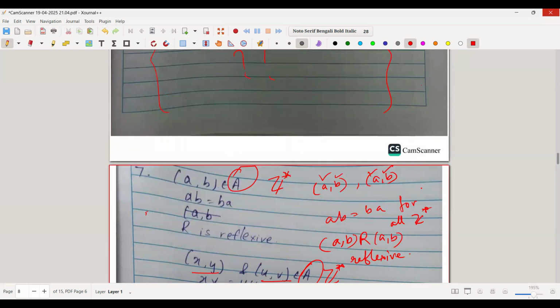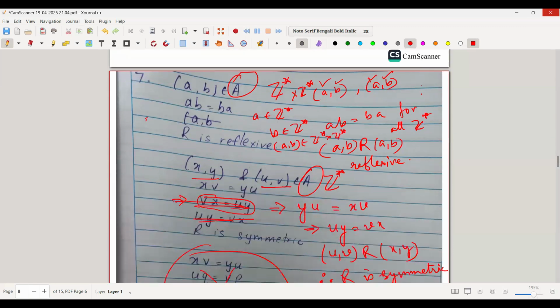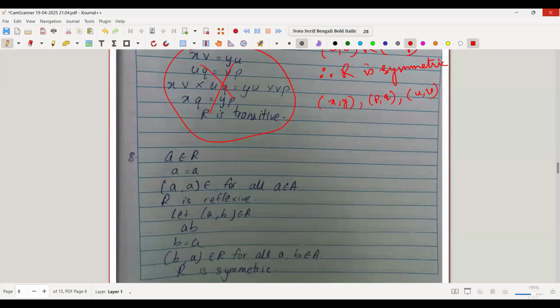You should write this Z cross Z star, because a belongs to Z star and b belongs also to Z star. So (a, b) belongs to Z star cross Z star. Okay, so these three belong to Z star cross Z star.